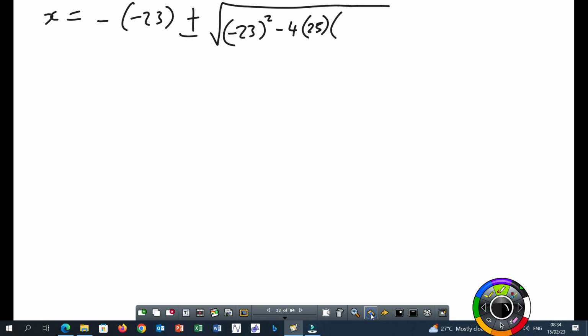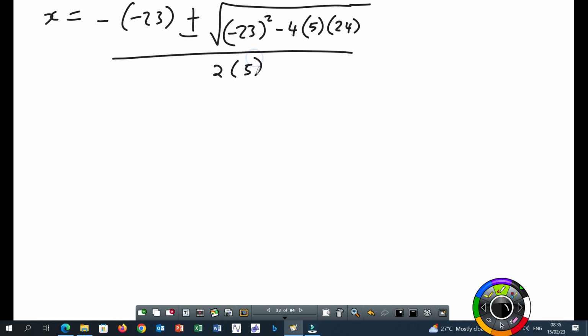Sorry, that should be a 5. Wait, okay, 4a, that's 5 times 24. Okay, it shows that some people are following what's happening. Like that will be 2 times 5.